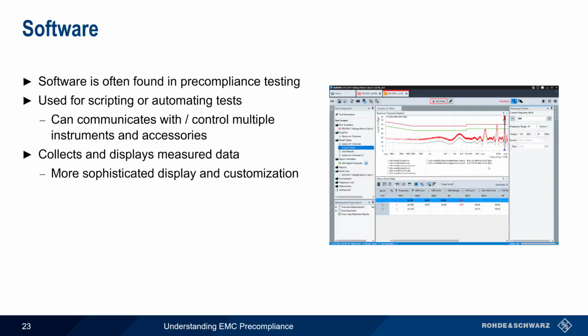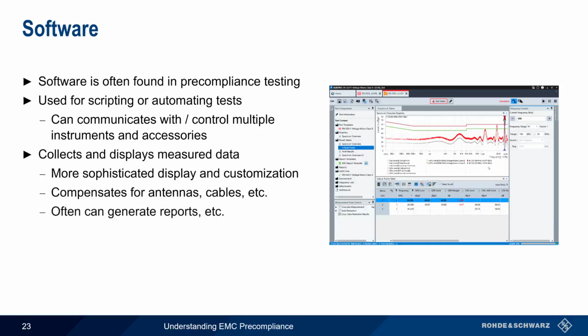A software package can also easily incorporate antenna factors, cable loss, etc. into the measurement results. And the ability to generate custom reports or export data is a standard feature on most pre-compliance software packages. Finally, software provides higher speed and better repeatability than manual operation, allowing rapid and accurate pre-compliance testing to be performed even by people who are relatively new to pre-compliance testing.